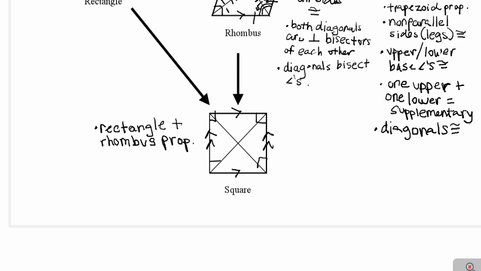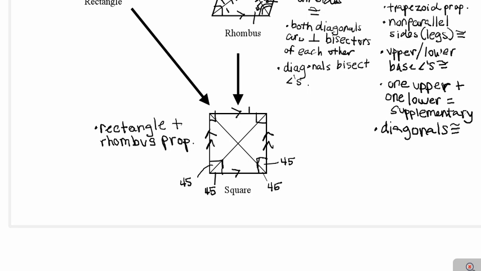And then from the rhombus, we know that those 4 right angles are being bisected. So if a right angle is cut in half, each of those angles is going to be equal to 45 degrees. We know that opposite sides are all congruent to each other.